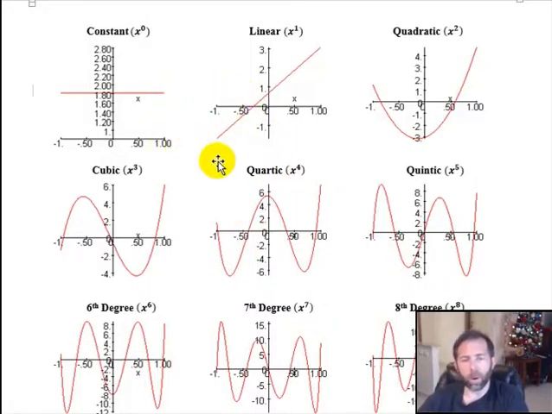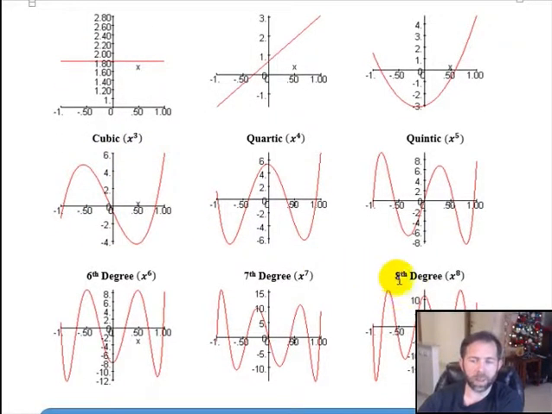The other important part that you should notice from all these graphs is that the degree also corresponds with how many x-intercepts there are. So we just got done with quadratics. Remember, quadratics always have 2 answers, 2 x-intercepts. Well, cubic functions have 3 x-intercepts. Their equations have 3 answers.